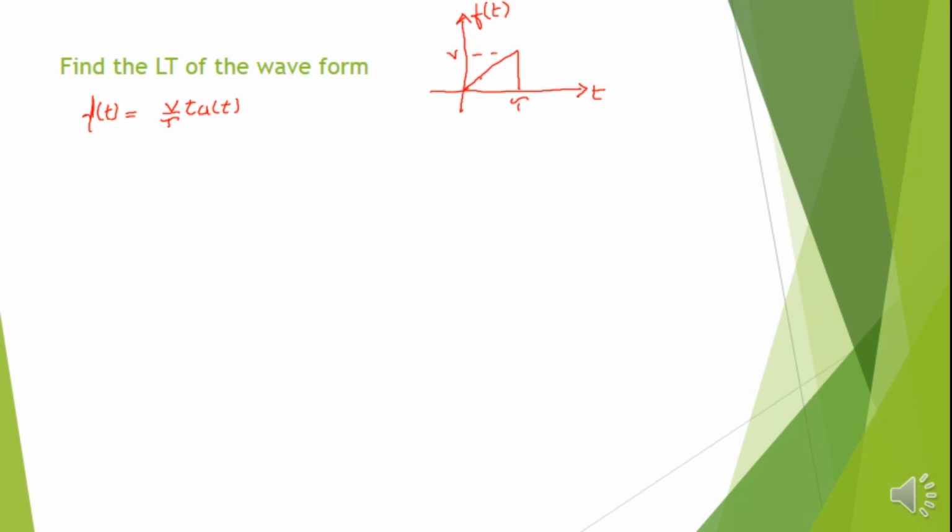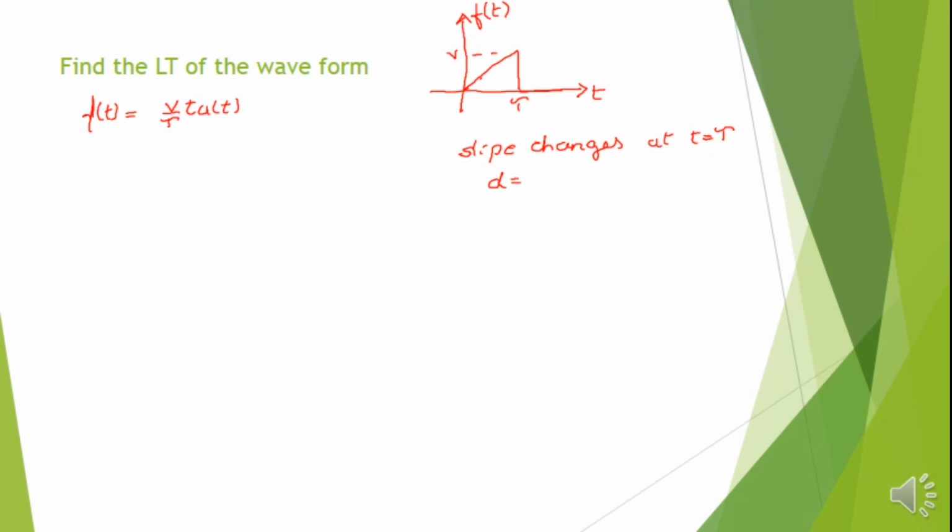Then what is the next? Identify the point where the slope changes. In this, the slope changes at t equal to tau. What is the change of slope? See, this is the slope of the line, V by tau, and this is the slope of the next line, which is 0 slope.